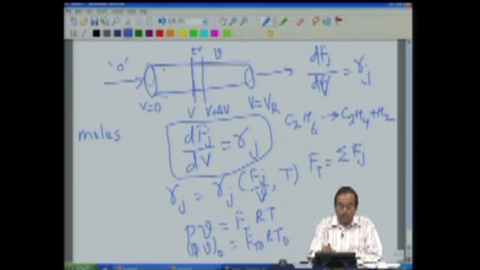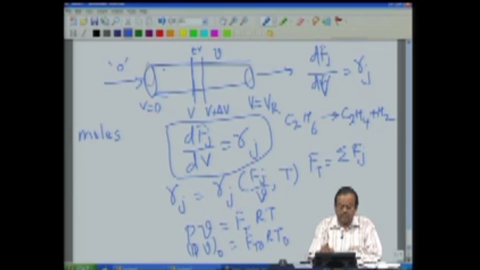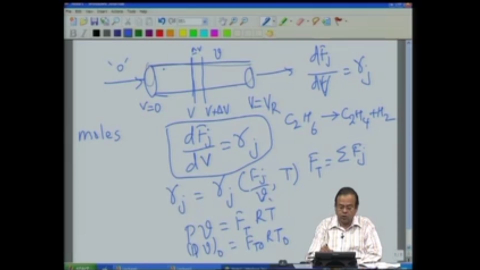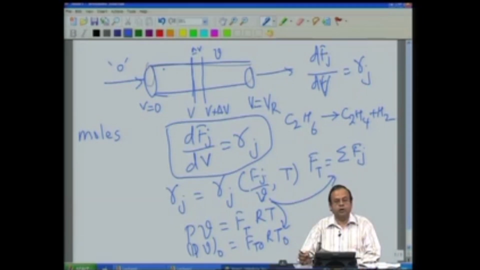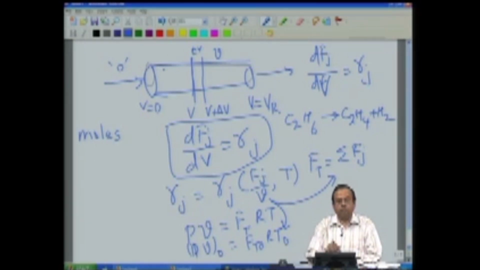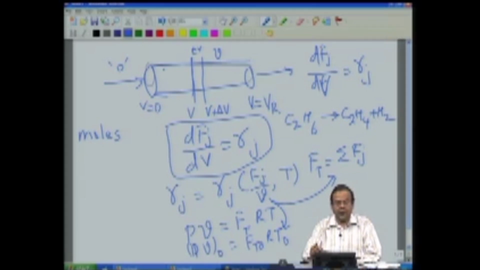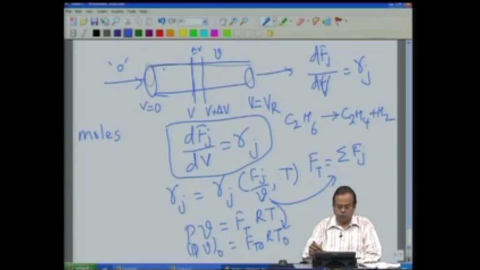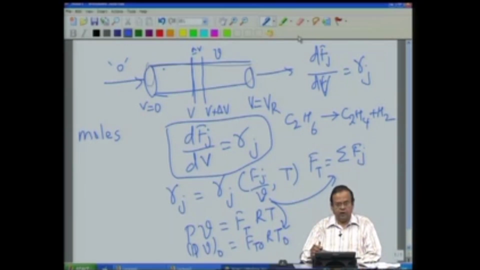So, the molar flow rate Fj not only appears over here as Fj, but also in the volumetric flow rate. So, all this will have to be considered together if we have a reaction in which there is a change in number of moles. So, this is one way. Let me recap.